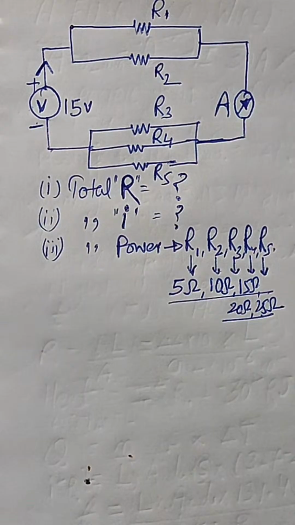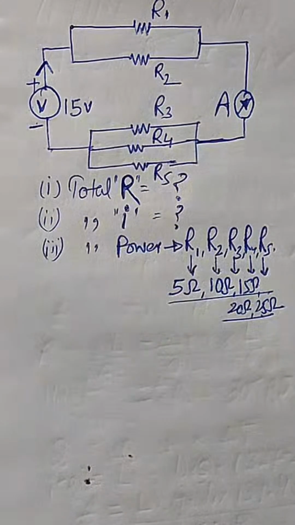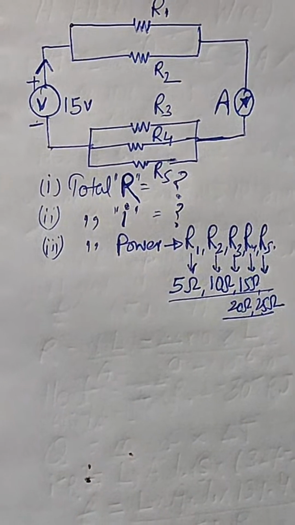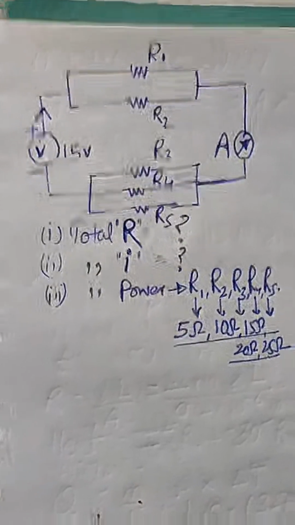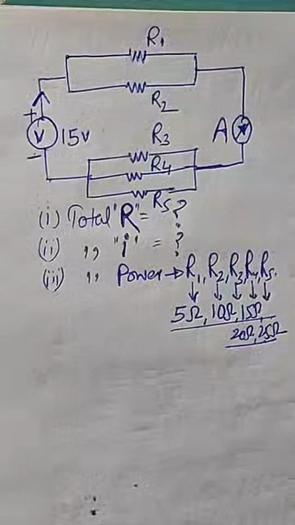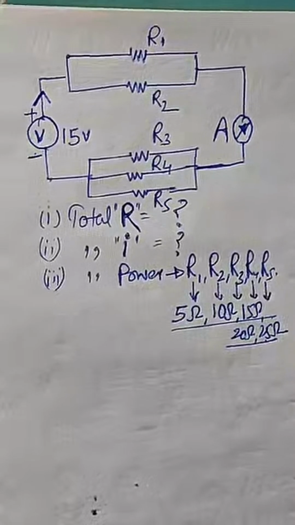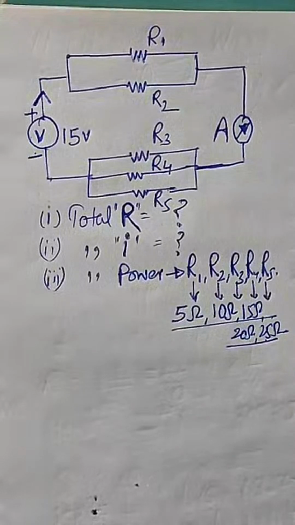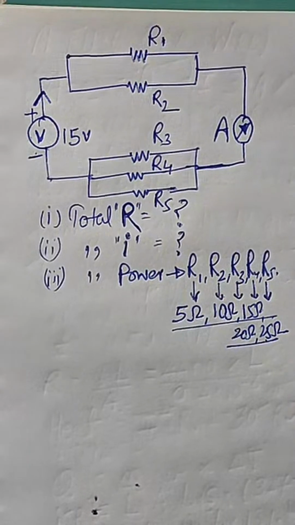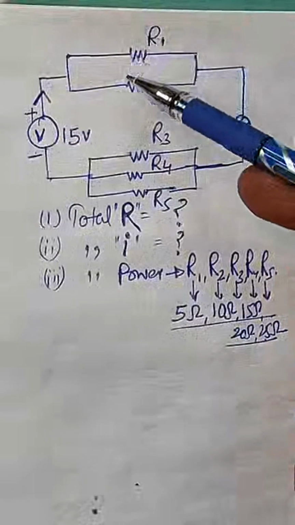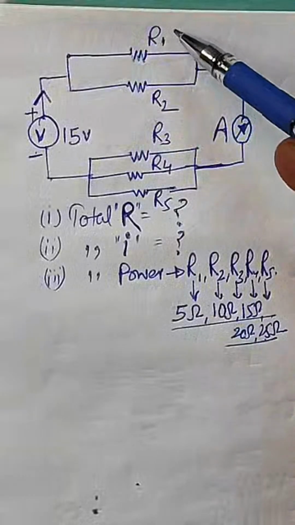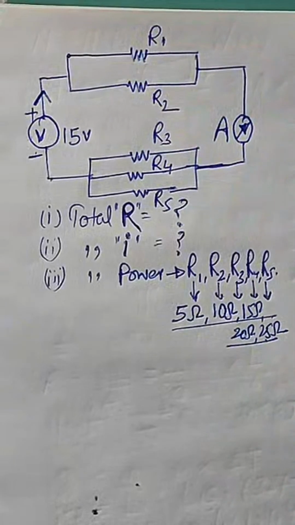Now from here, we need to find the total equivalent resistance. The total equivalent resistance can be calculated when you first calculate the equivalent resistance of R1 and R2, right?